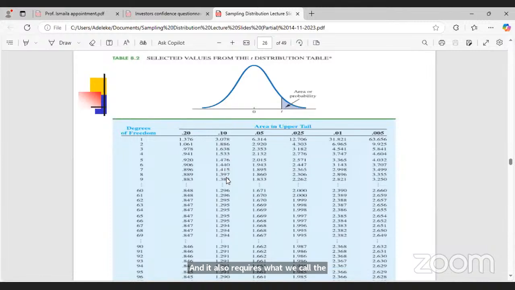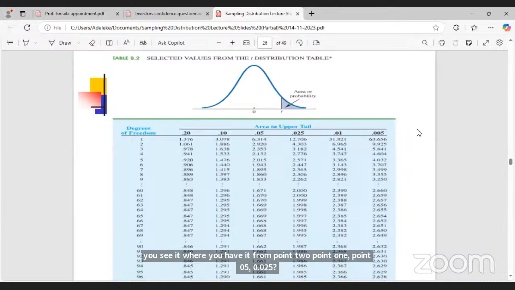The degrees of freedom is on the first column, and the level of significance is on the first row. Can you see it where you have 0.2, 0.1, 0.05, 0.025, 0.01, 0.005?